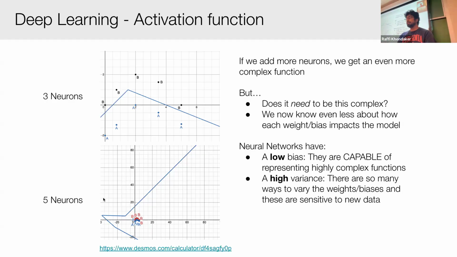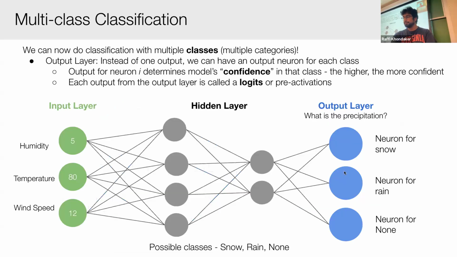On the flip side, we have the idea of variance, which measures how complex a model is and thereby how sensitive it is to new data. I'll go a little bit more into variance later, but for now, just remember that a perceptron has a very low variance and a neural network has a very high variance. It's very sensitive to new data. That'll be clear in a little bit.